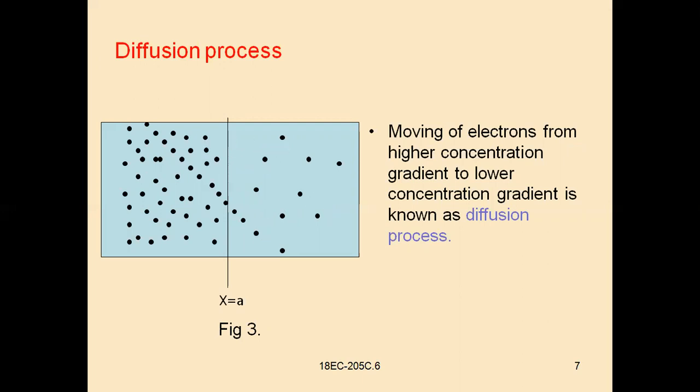In this diffusion process, moving of electrons from a higher concentration gradient to a lower concentration gradient is known as diffusion process. If you observe in the animation, the electrons are moving from higher concentration gradient to the lower concentration. This process is known as diffusion process.